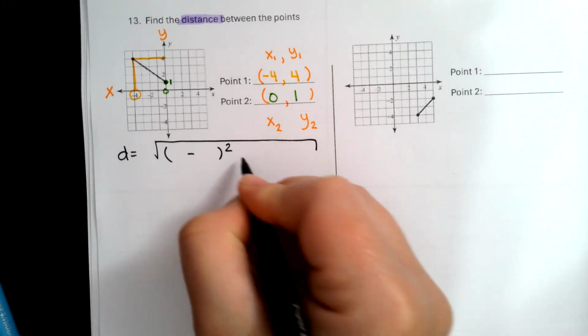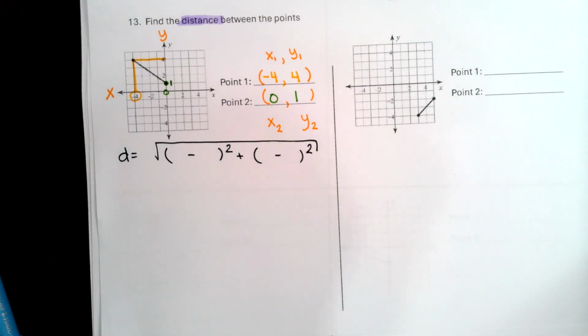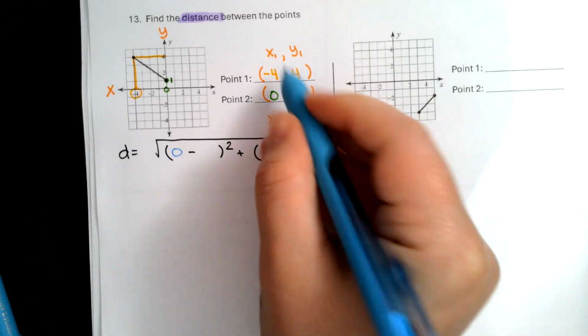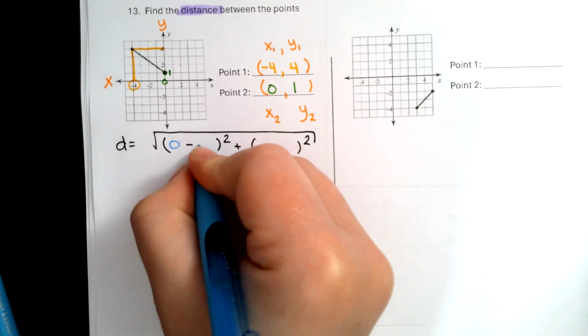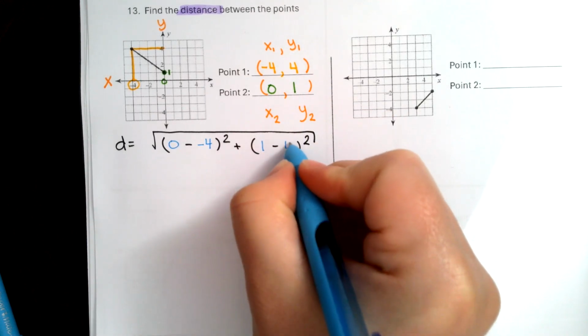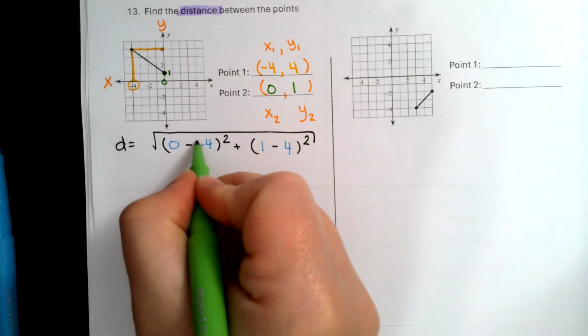Open minus squared and open minus squared. And we're going to write in x2, which is 0, x1, which is -4, y2, which is 1, and y1, which is +4. Do we have any double negatives? We sure do. Here you go.